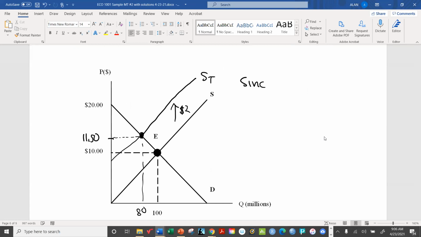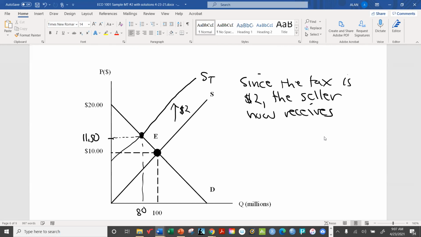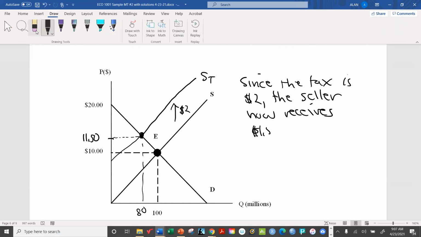And I'll just put this over here as an added bonus. Since the tax is $2, the seller now receives $11.50 for the market price, but they have to pay $2 for the tax.